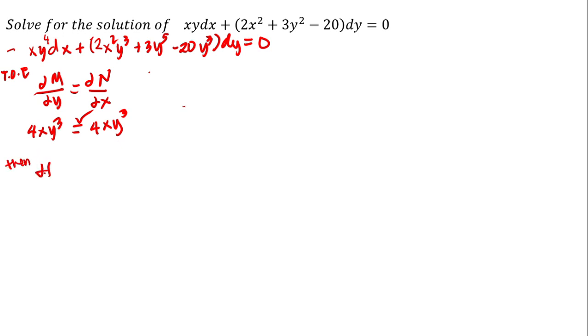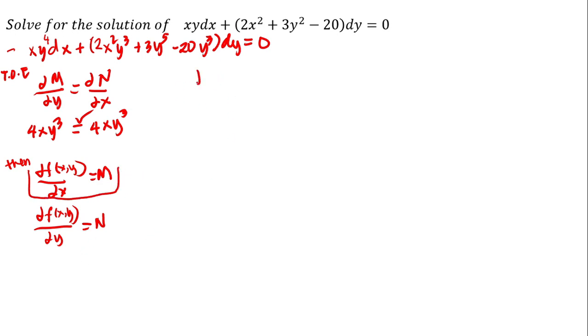The partial derivative of f of xy with respect to x equals m, and the partial derivative of f of xy with respect to y equals n. So we're going to use this one first. The partial derivative of f of xy with respect to x equals m, which is xy to the fourth.